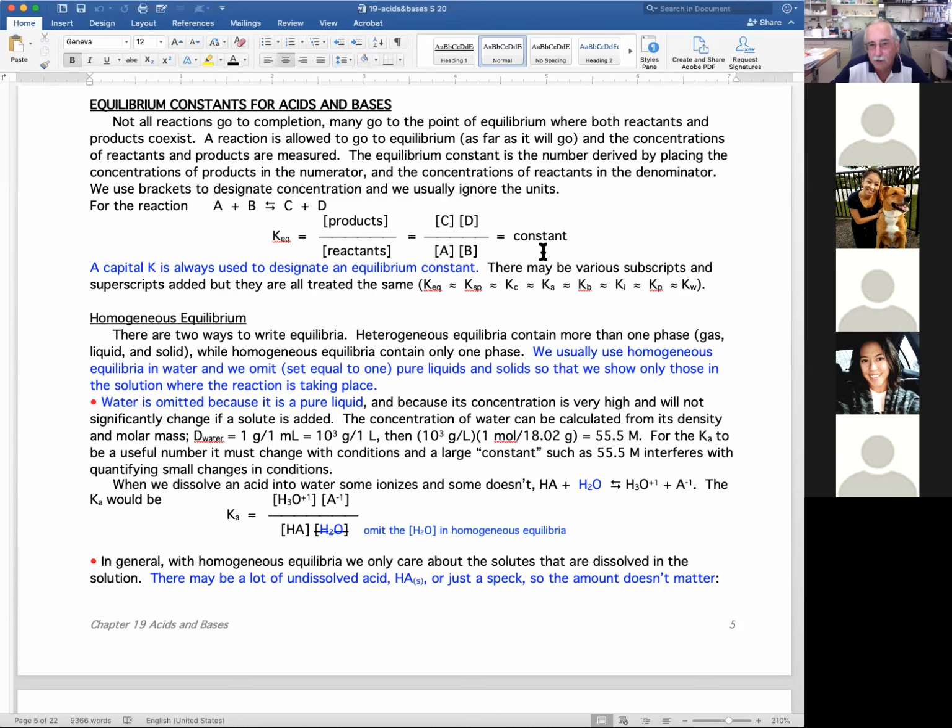Equilibrium constant is always given a capital K. And people get confused because sometimes they put little superscripts and subscripts on here. They decorate it with different things. But all these different designations are equilibrium constants because of the capital K. And what do you do? You take the products and divide by the reactants, and you get a number. That's it.